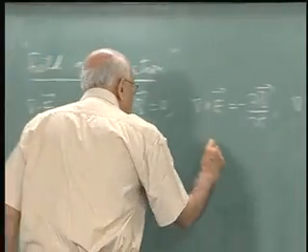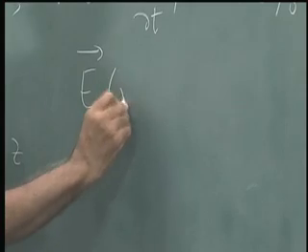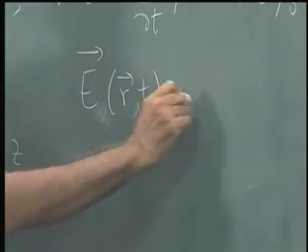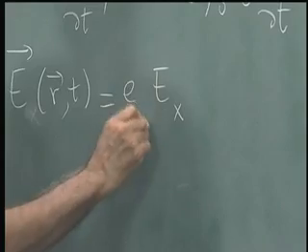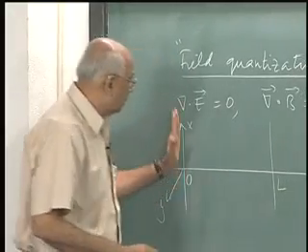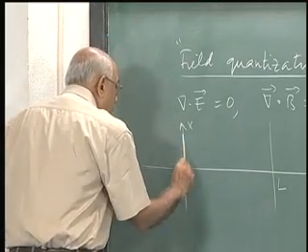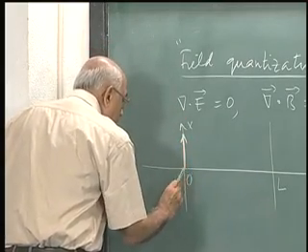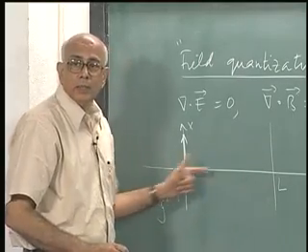So I am going to assume that E, the electric field as a function of r and t, is just Ex times the unit vector in the x direction. So the electric field is along this direction, and since it is radiation, the magnetic field would be along the y direction, and the direction of propagation is z.